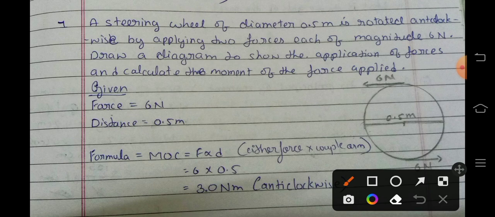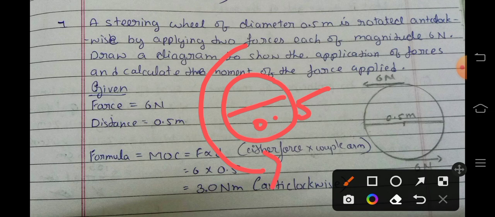A steering wheel will obviously be round, and its diameter is 0.5 meter, rotated anti-clockwise. Anti-clockwise means it will rotate in this direction, so you can apply force in any direction.